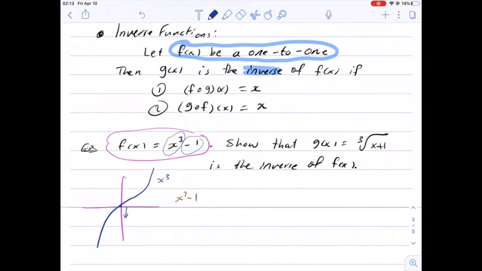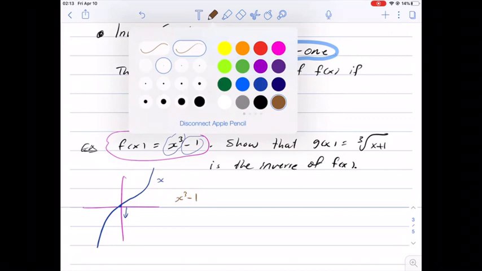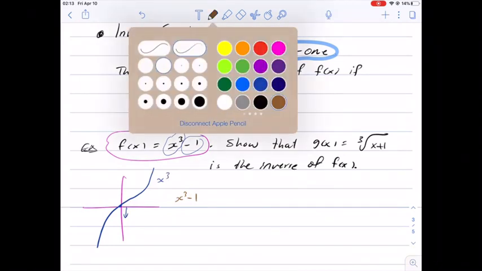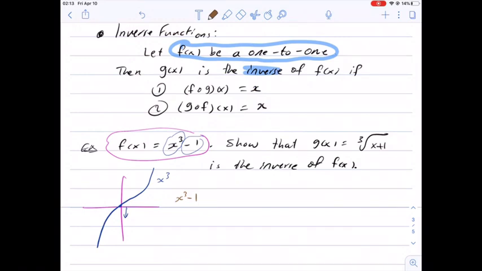This is x cubed. And now how does the graph of x cubed minus 1 look? We shift it down by 1 unit. So the graph looks like this.